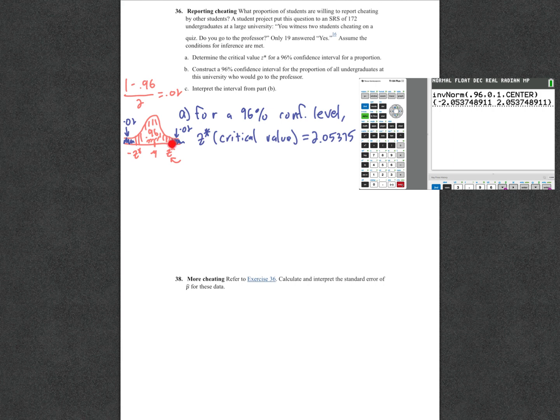So this z-score is associated with 0.96, this area goes from negative z to z. But if we want to do the left inverse norm, or what your calculator defaults to if it's an older calculator, you want to add up all this area.